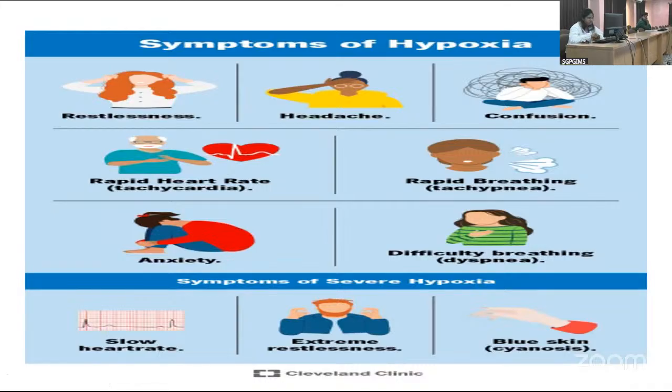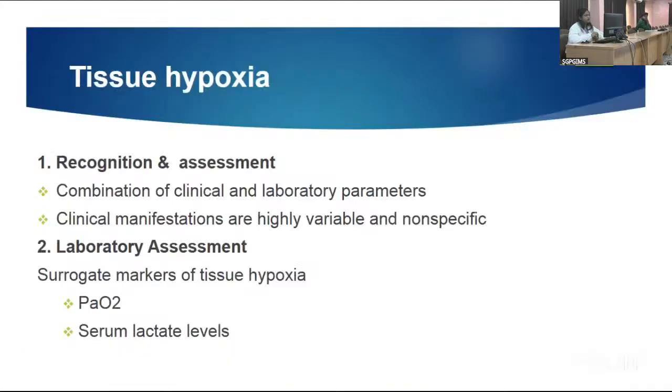Now let's talk about how we recognize tissue hypoxia. How can we assess it? By clinical and laboratory parameters. In laboratory assessment, surrogate markers of tissue hypoxia are PaO2 and serum lactate levels.